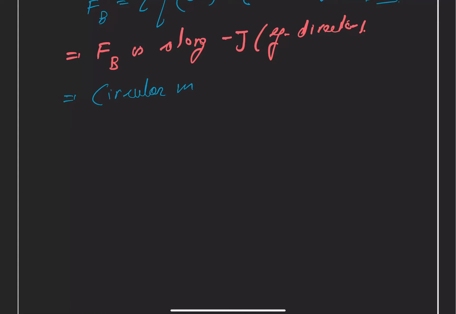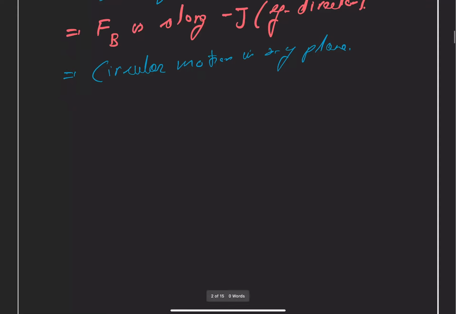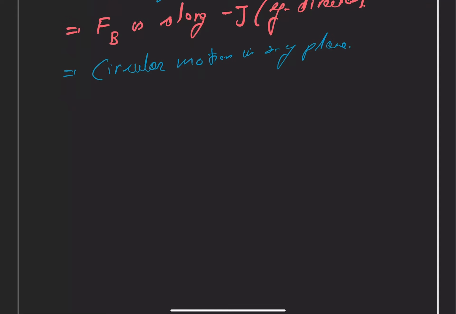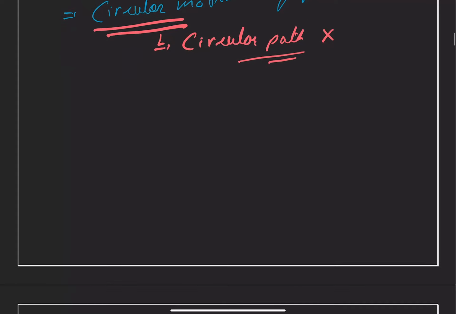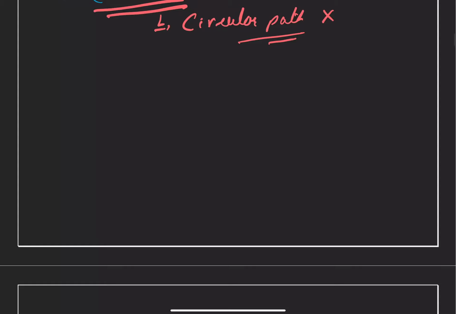So it will be having a circular path, and in the question it is mentioned that it has to be non-circular. So option A is incorrect, and let us come to the next option, option number B.